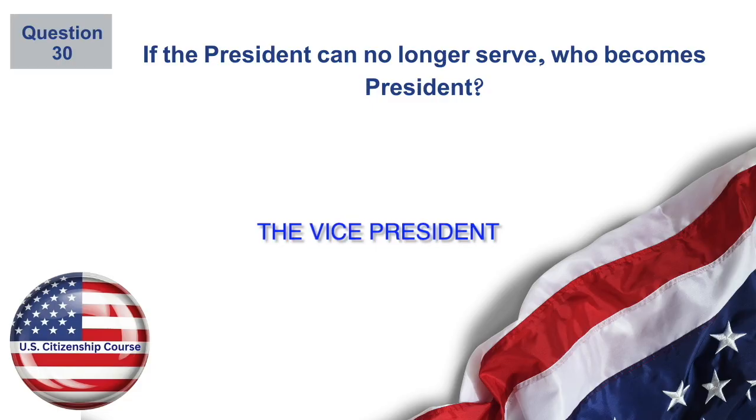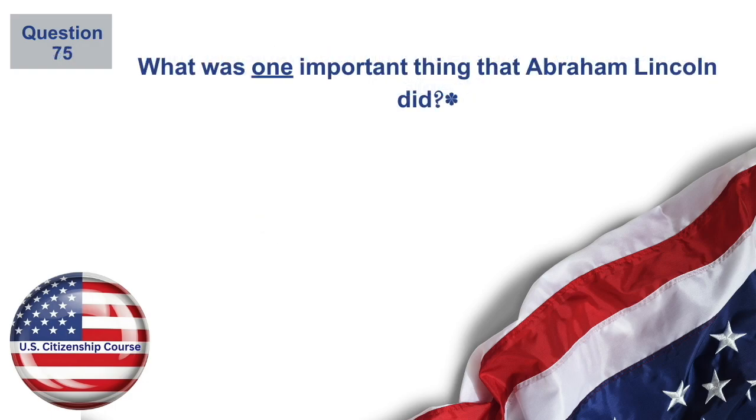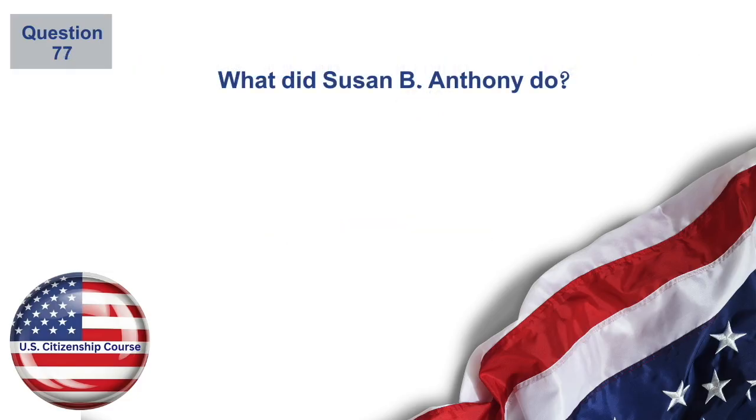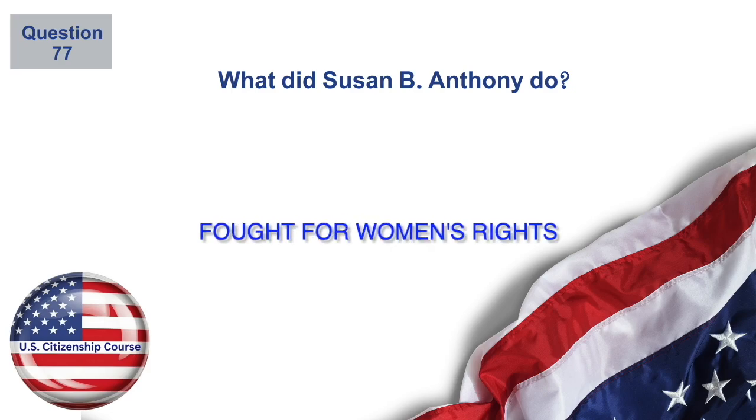The vice president. What was one important thing that Abraham Lincoln did? Freed the slaves. What did Susan B. Anthony do? Fought for women's rights.